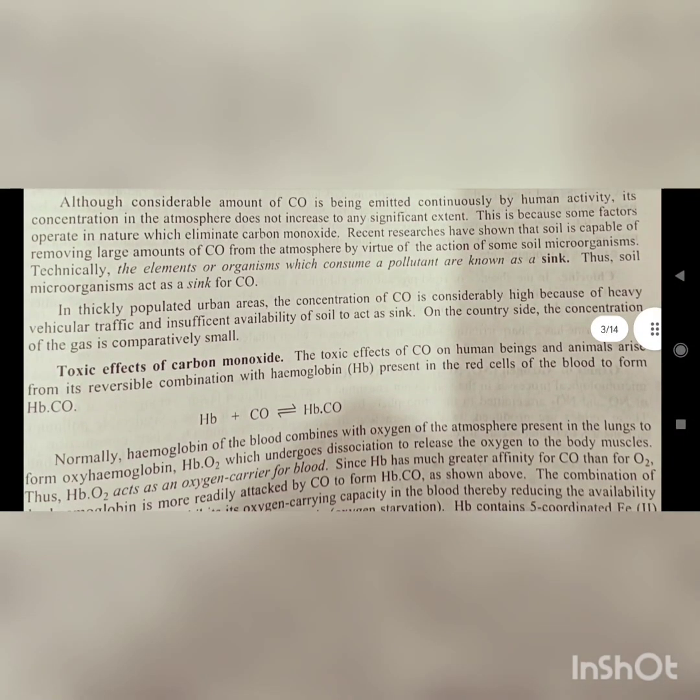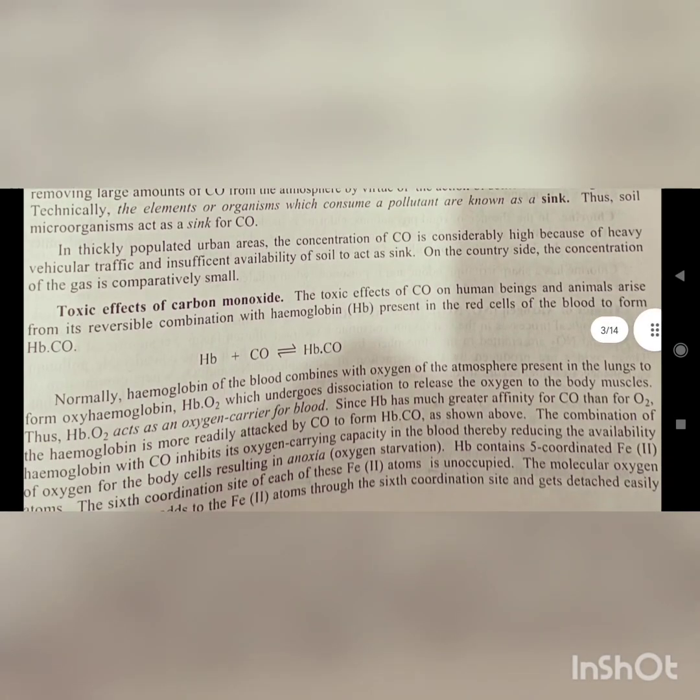Soil microbes act as a sink for CO. In thickly polluted urban areas, the concentration of CO is considerably high because of heavy vehicular traffic and insufficient availability of soil to act as sink. On the countryside, the concentration of the gas is comparatively small.